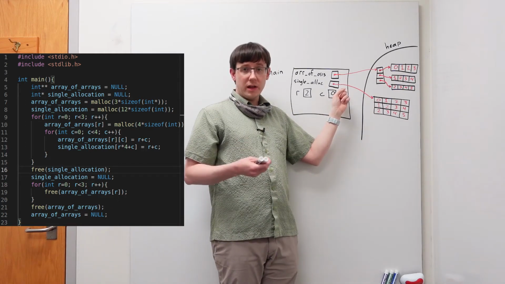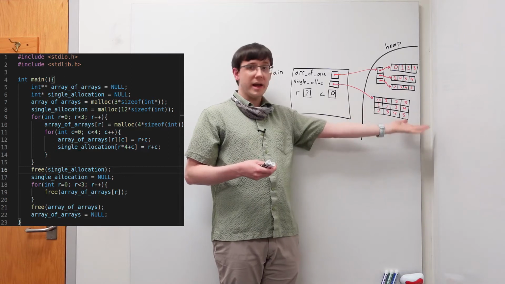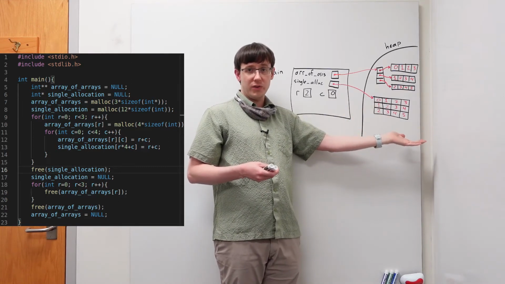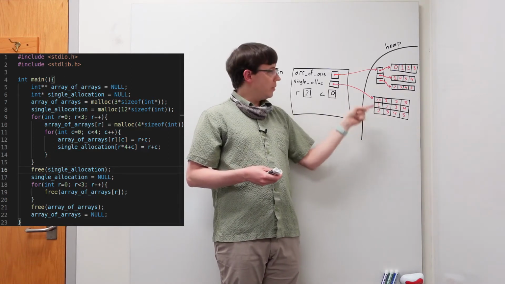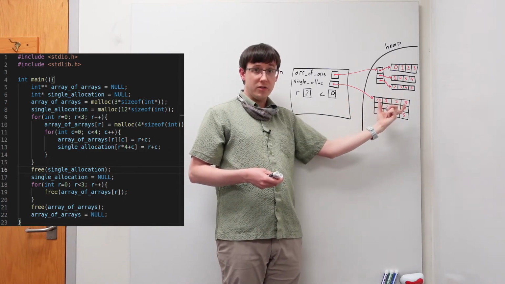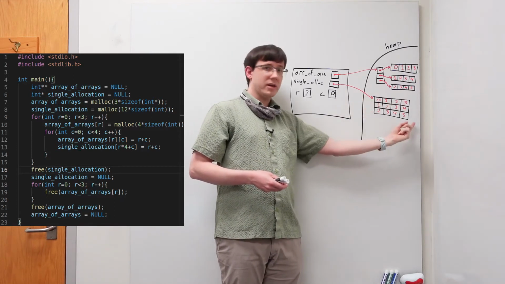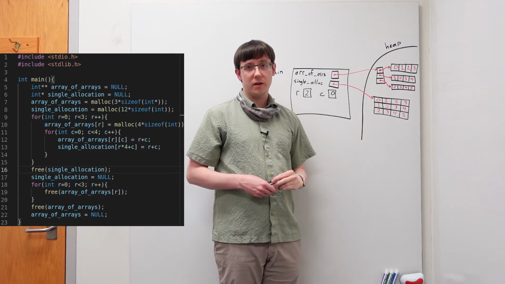Whereas for the single allocation version, we have to calculate the linear index into the block of memory ourselves by multiplying the row number by the number of elements in a row so that we know how far to skip before we start indexing in with the column index.